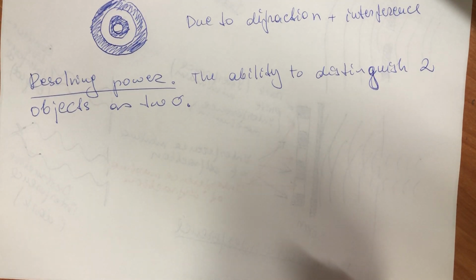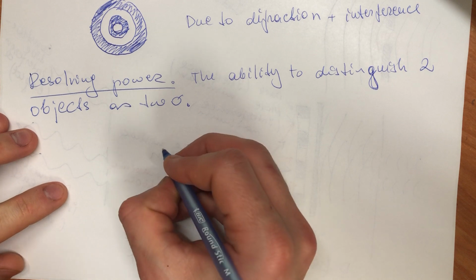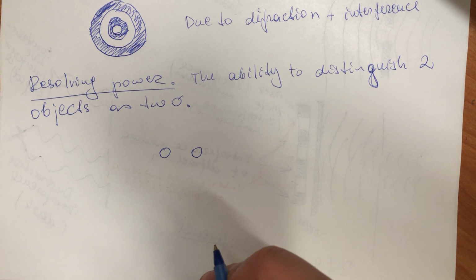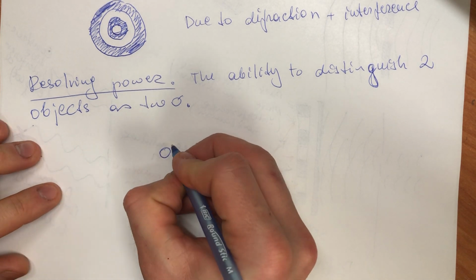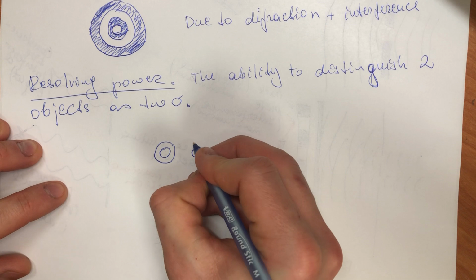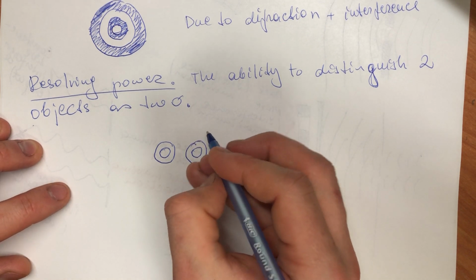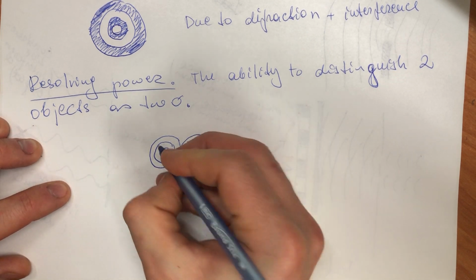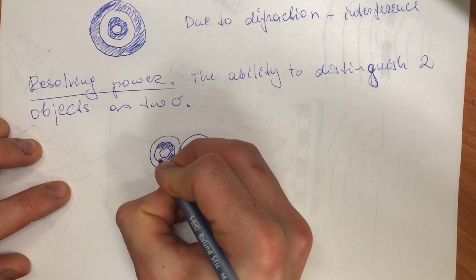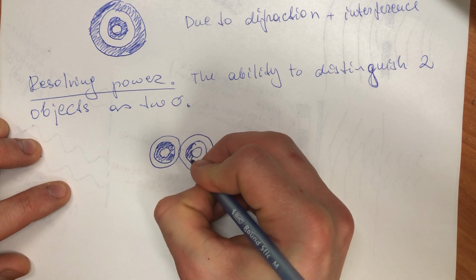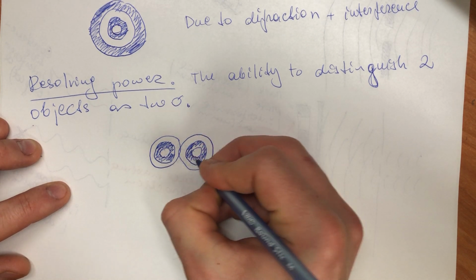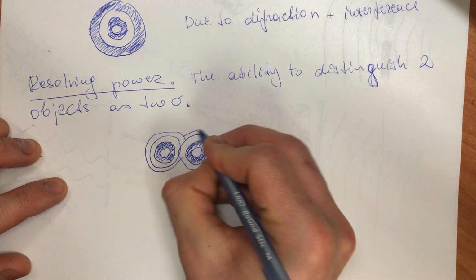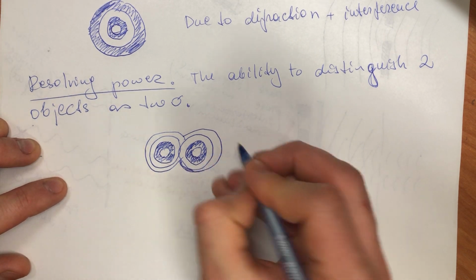So when we have, let's say, two holes, two pinholes or some kind of objects, when the light shines on them, if these objects are very small, we would see this kind of view.